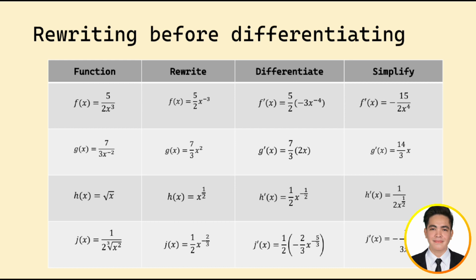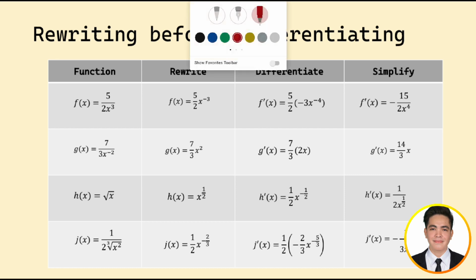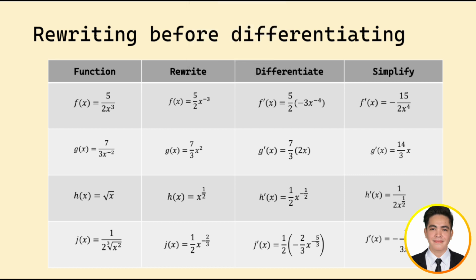So ang ginawa dito is transfer lang yung x cube natin na denominator ay transfer sa numerator. So, magiging negative 3 sa rules of exponent.